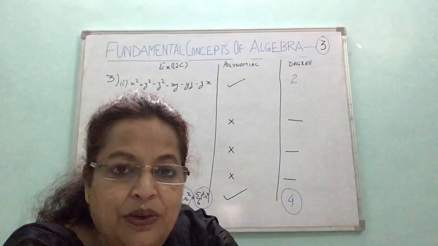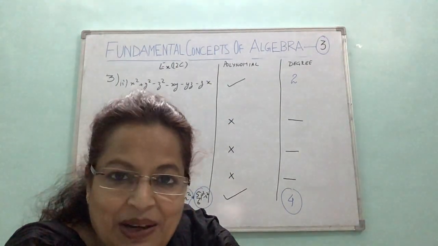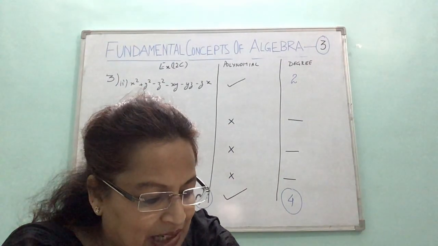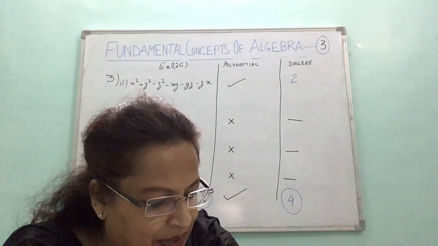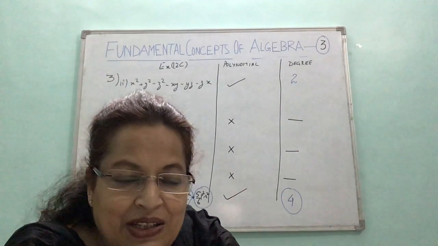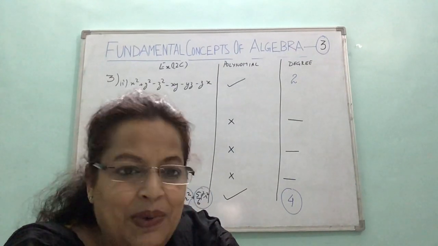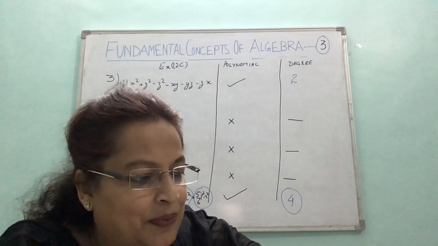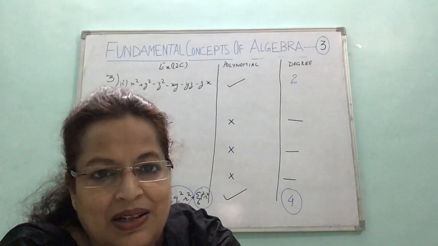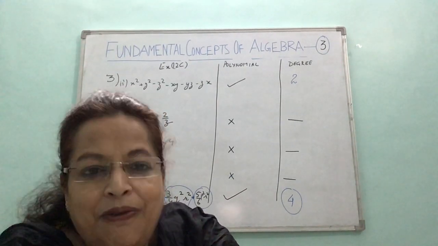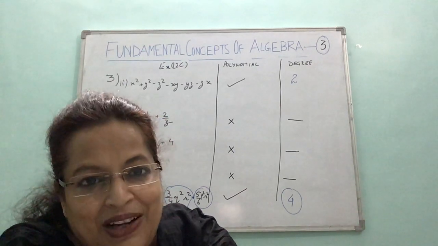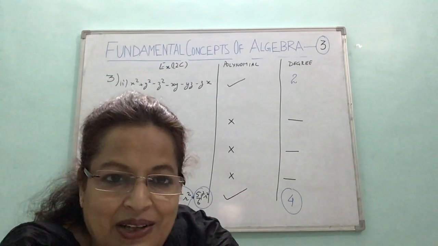Then next one is polynomial in two or more variables. An algebraic expression in two or more variables is called a polynomial if every variable in it has only positive integral powers. Positive, that means no negative value. Integral means no fractions there, that is 1 by 2 or any such thing.